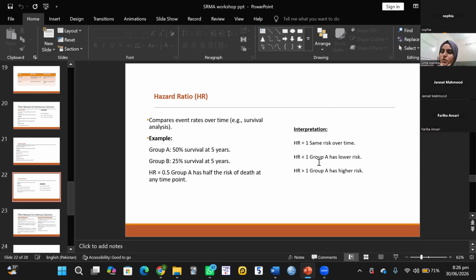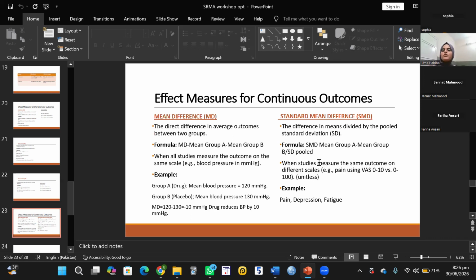This was just to get you familiar with the effect measures. The second effect measures are for continuous outcomes. Continuous outcomes are the outcomes that are scale-based, that have different answers, right? The only difference between the two is that you use mean difference when the scale used for your outcomes is the same.